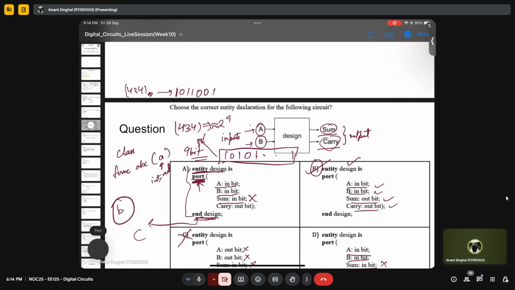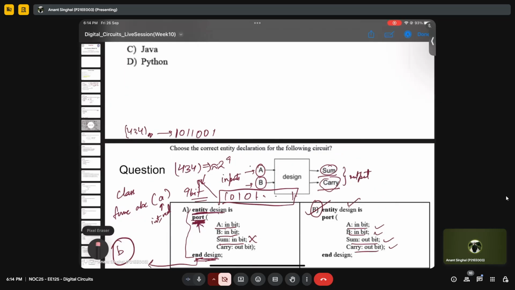So let's just quickly calculate this. 1, 2, 3 is 8, plus 16, plus 52, plus 64. So this is actually not 434. You might be doing something wrong, if I'm not wrong. So this is 89, actually 89 in base 10.